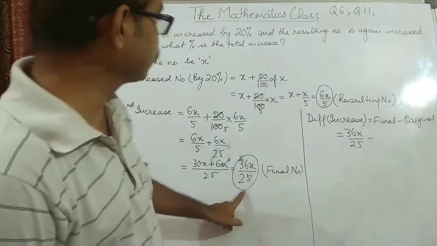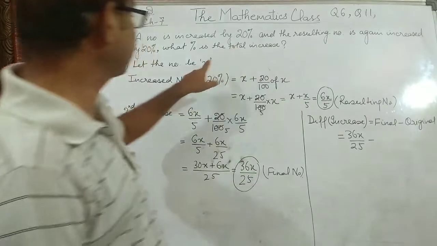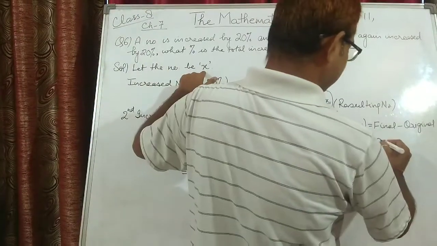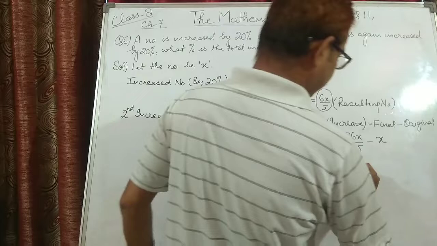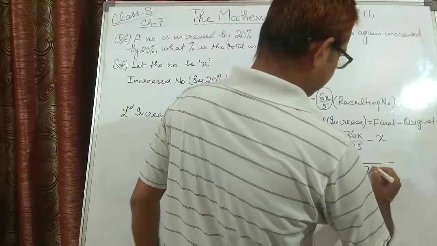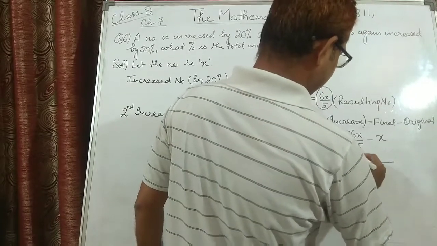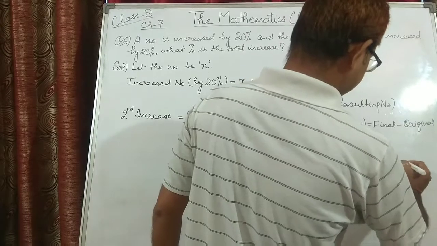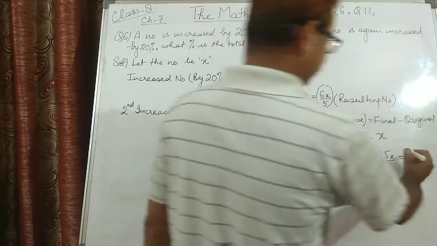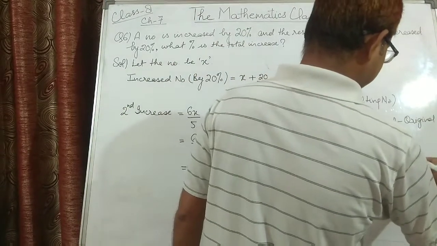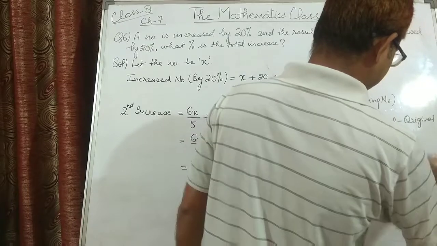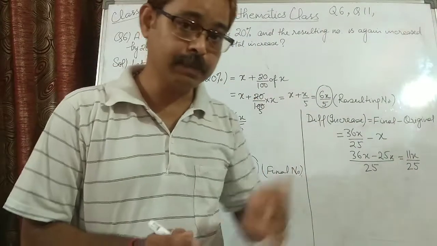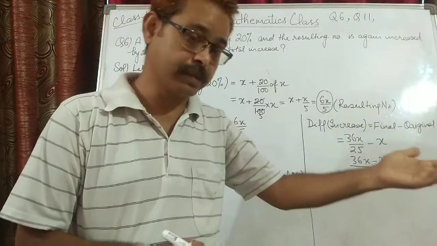This is the final number, and the original number was, we have already assumed, x, so minus x. Now when you solve, LCM will be 25. This will become 36x minus 25x. Now 36 minus 25 is 11x upon 25. This is the increase of the final number from the original number.